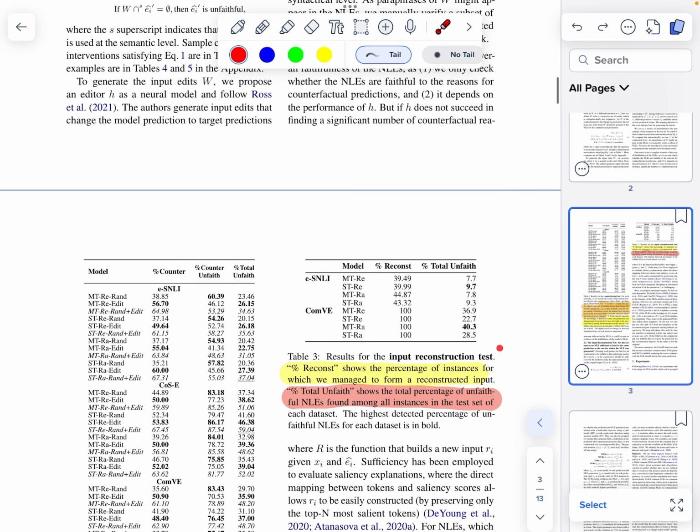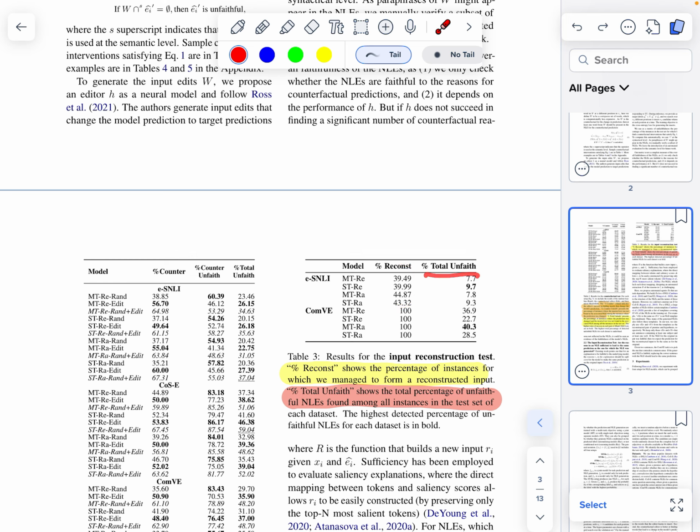For the input reconstruction test, this table shows the percentage of instances for which we managed to form a reconstructed input. I think their counterfactual editor is not necessarily capable of forming a reconstructed input. Here, I guess they're able to do it all the time, but here they're only able to succeed like 45% of the time.